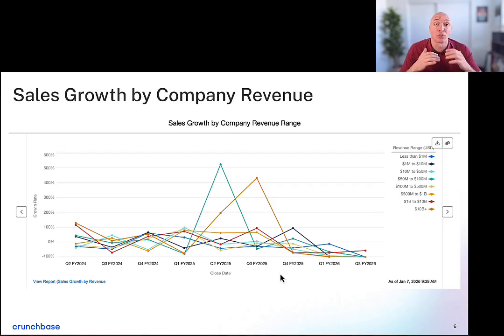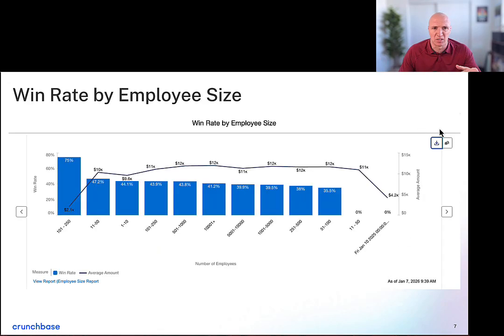There are also three unique insights that we can pull when it comes to the companies that we're doing business with. The first is, who are we winning with? Who is most likely to buy our product or platform? So here I can go in and I can say, well, based on the employee size of the company, what is our win rate? And we can start to see that by far, we tend to win the most when it comes to this 100 to 250 employee size.